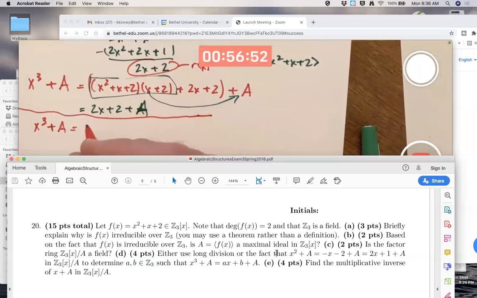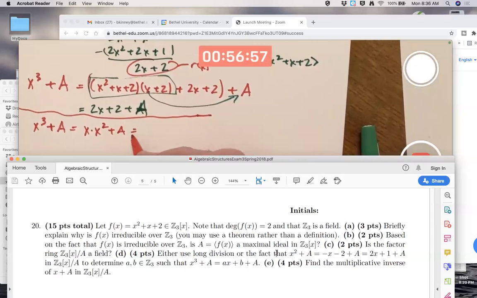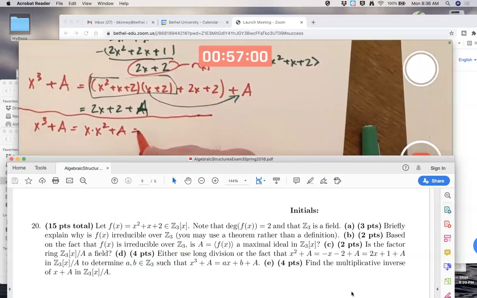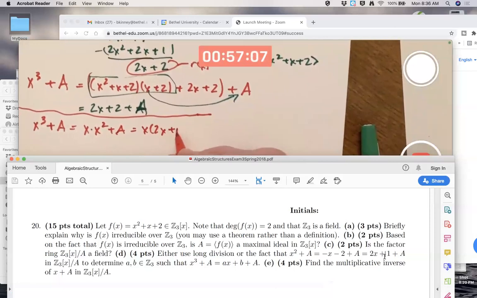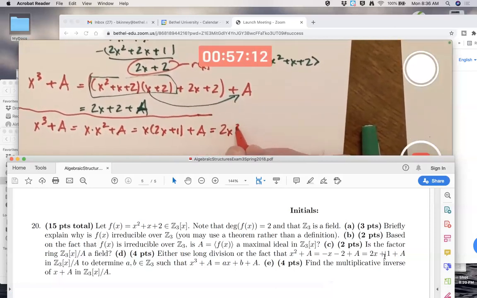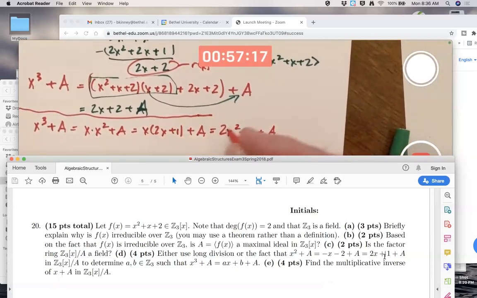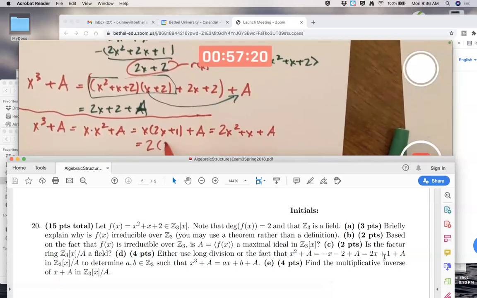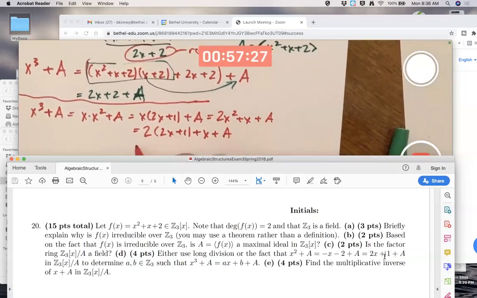I could think of that as x times x squared plus A. I could then replace the x squared with 2x plus 1. Expand: 2x squared plus x. And then I can replace that x squared with 2x plus 1. Expand.